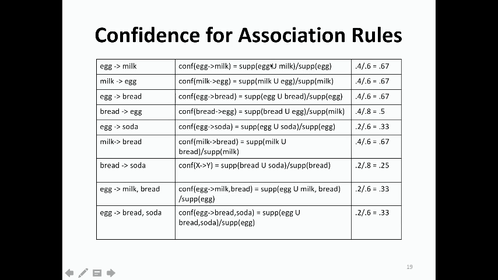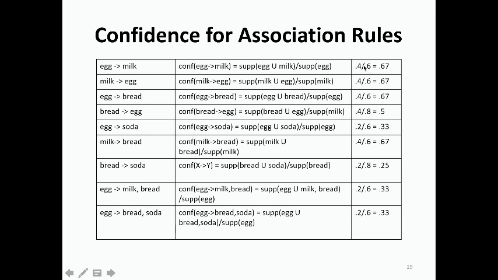That is the number of transactions that purchase both egg and milk divided by the number of transactions that contain eggs. In other words, out of the transactions that have already purchased eggs, which of those also purchase milk? That's the conditional probability, or confidence, of the rule egg implies milk.